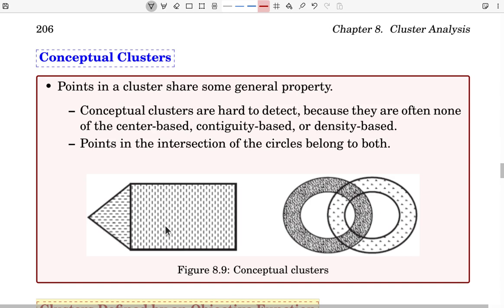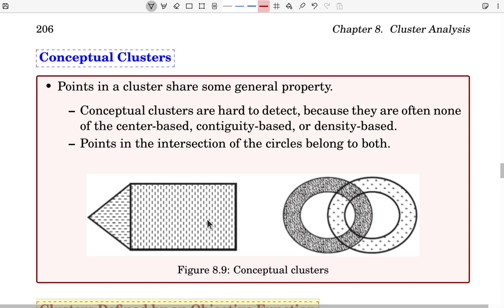And this region has some property such that it is now shown in vertical dashes. So like that, each cluster shares some property.